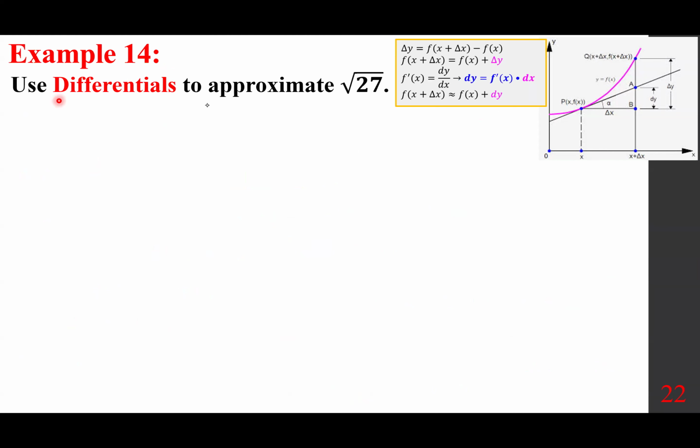Here's another example. We want to use differential to approximate the square root of 27. So again, number one, we need a function. What function are we using? We look at this and we say square root of 27. That means the operation of square rooting a number, square root of x.